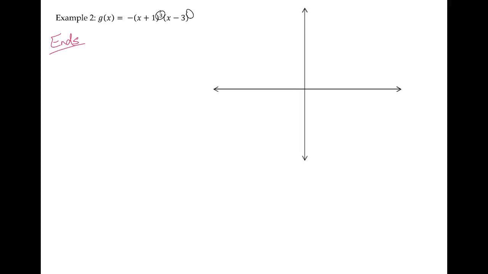I look at 3 + 1 is 4, so they should be pointing in the same direction, because it's to the 4th degree. And with this negative out in front, that tells me that it's going to be opening downward.